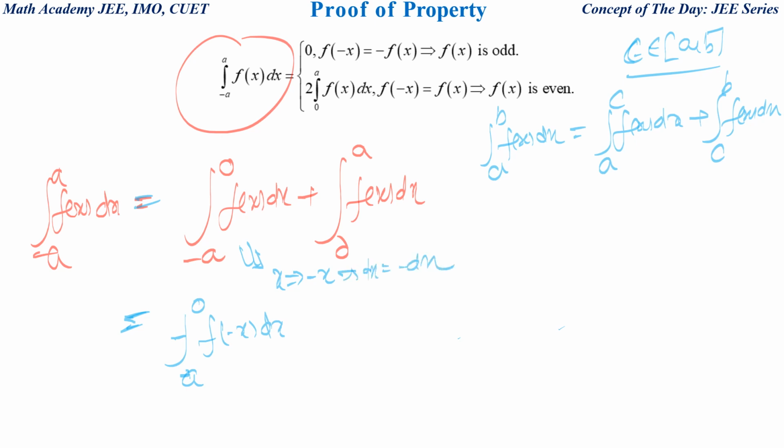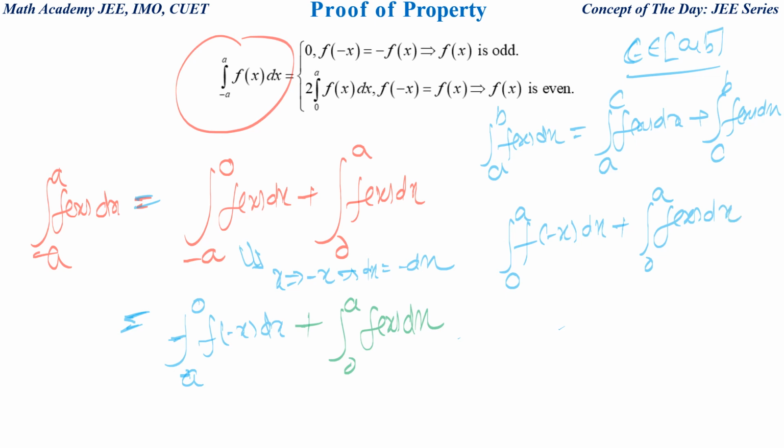Okay, and the second part of this, let's write as it is, 0 to a of f(x) dx. Now let's write in a separate place, just switch the limits of minus a to 0, and we can write 0 to a of f(minus x) dx plus 0 to a of f(x) dx.